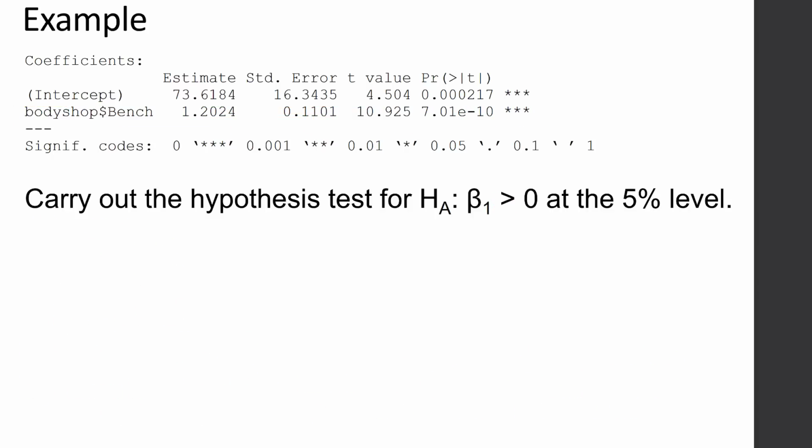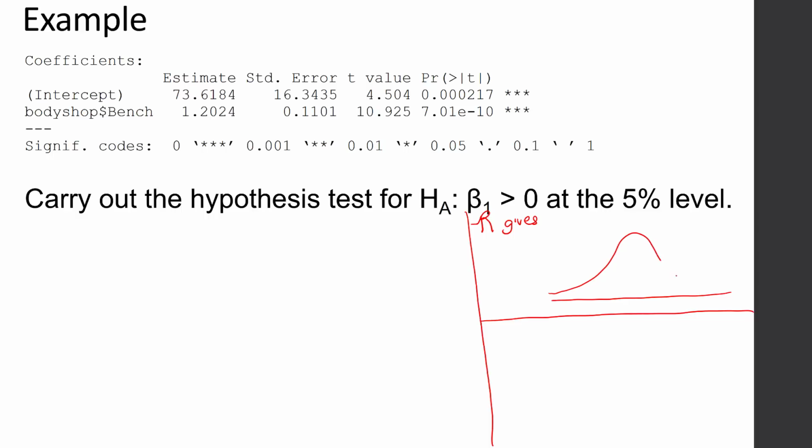Okay, so now we're going to do our hypothesis test for the alternative of greater than. I'm not going to write out all the steps because we just did that. The only thing that's changing here is our alternative hypothesis and therefore our p-value. So let's think about what R gave us. R gives us the p-value for the two-sided test.